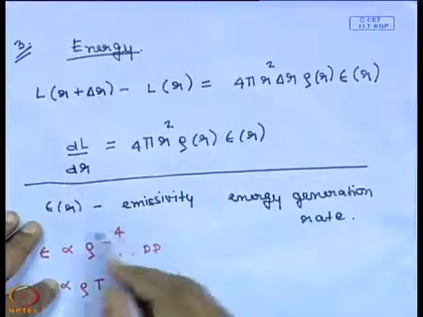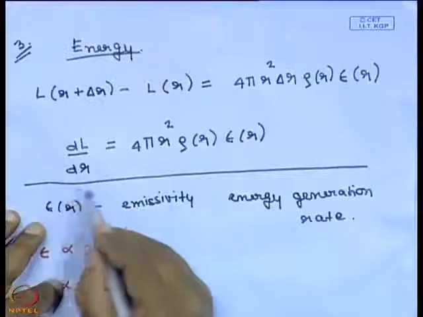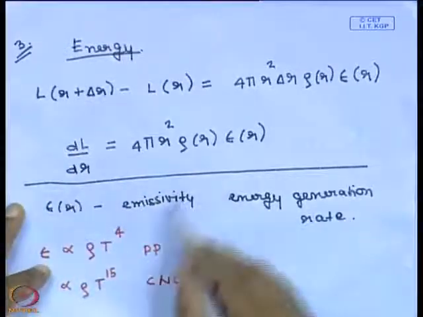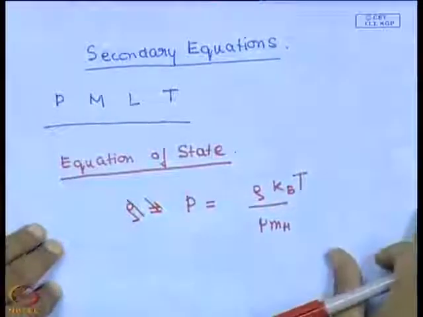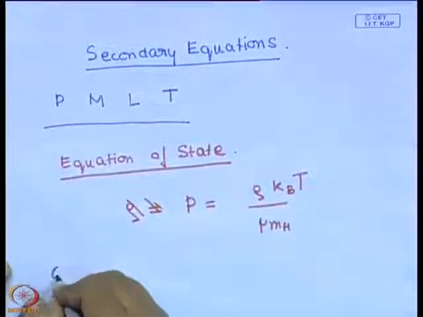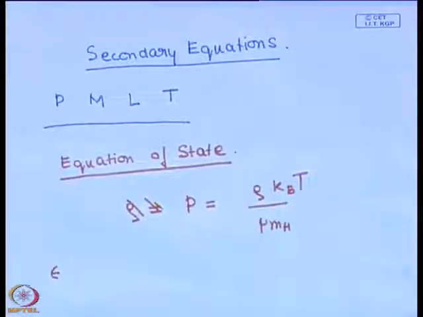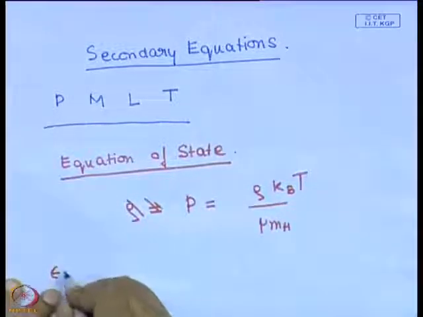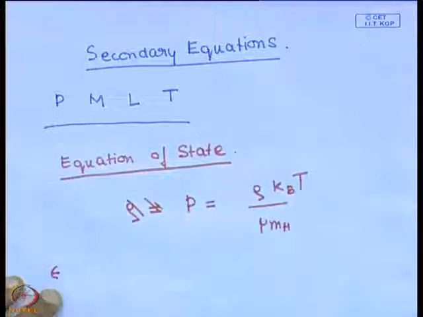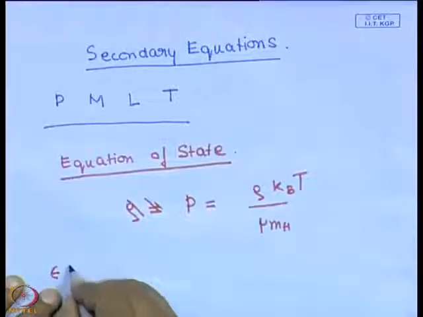Okay, that comes in when you want to calculate the luminosity, the rate at which the energy is being generated at different parts. So, you need to be told the energy generation rate epsilon, and you need to know this as a function of R.